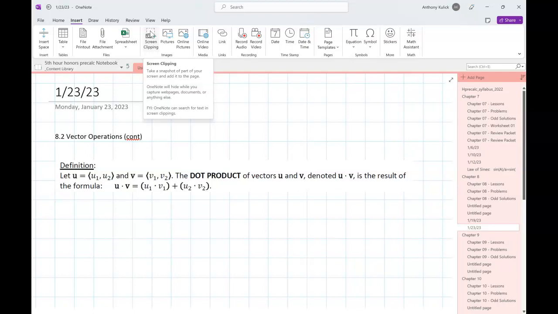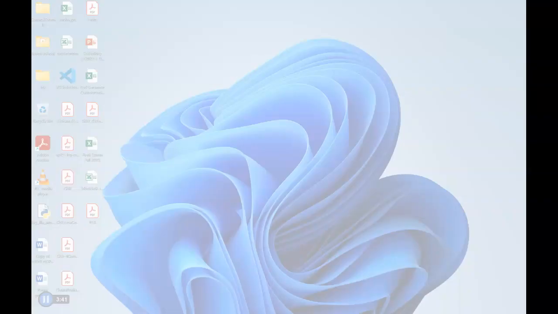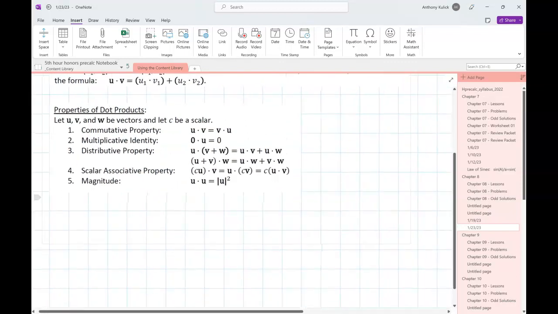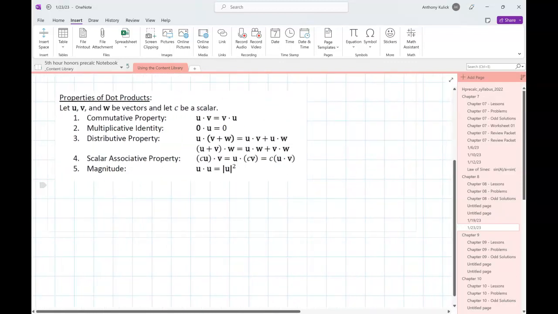So let's take a look at some properties that we can use to do the dot product. The dot product is commutative, meaning that if I take the dot product of u and v and the dot product of v and u, I get the same number.